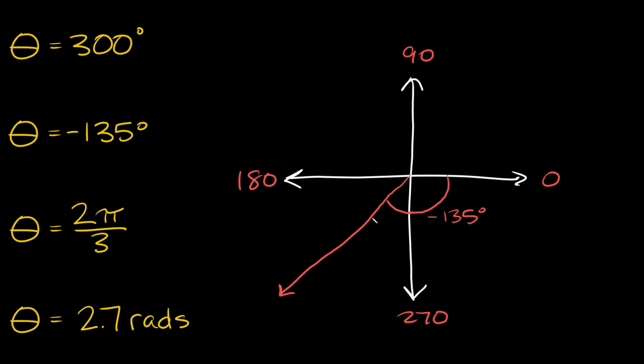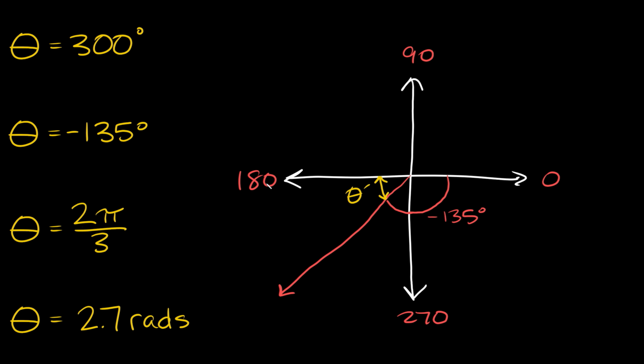To find the reference angle, again we measure the distance from this angle we just drew to the x-axis, and we always want to go the shortest distance possible, which is this distance right here. This is theta prime. So what is that distance? Like I said, this angle is exactly halfway between 180 and 270.